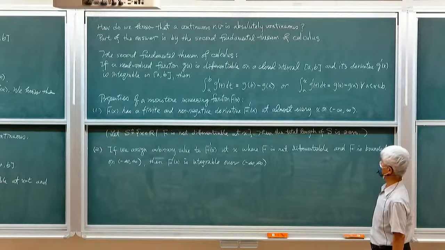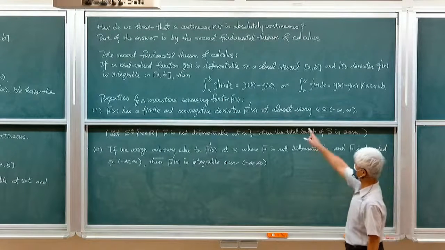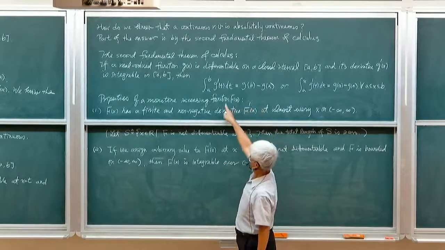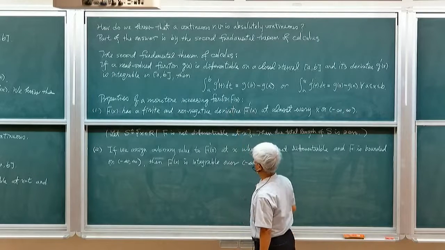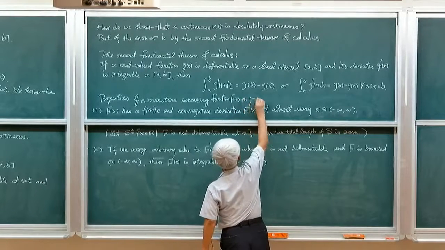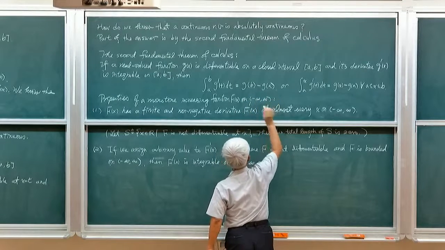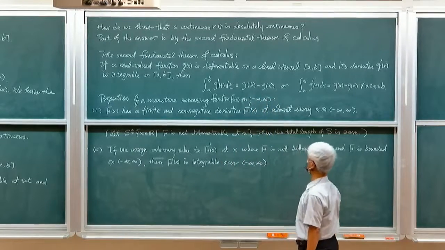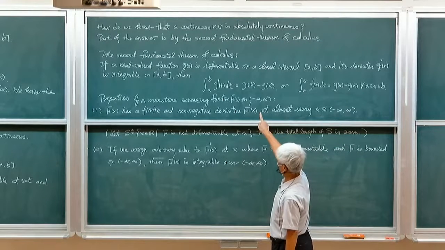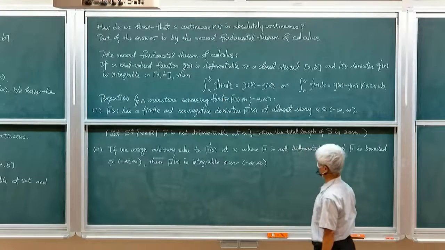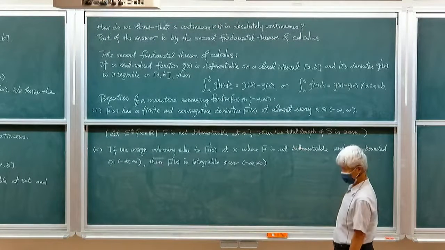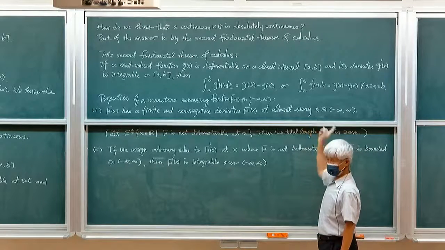Okay. So the first statement says that for any monotone increasing function f of x, it has a finite and non-negative derivative at almost every point.